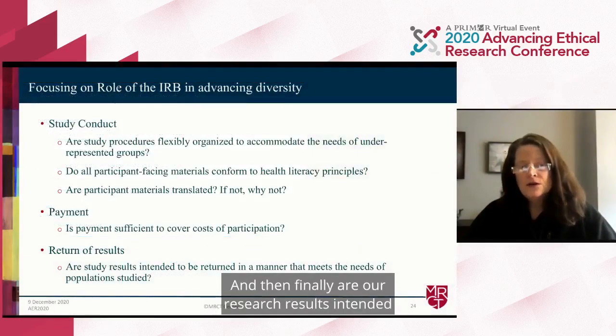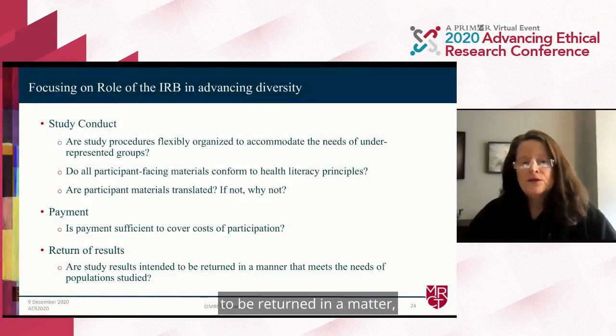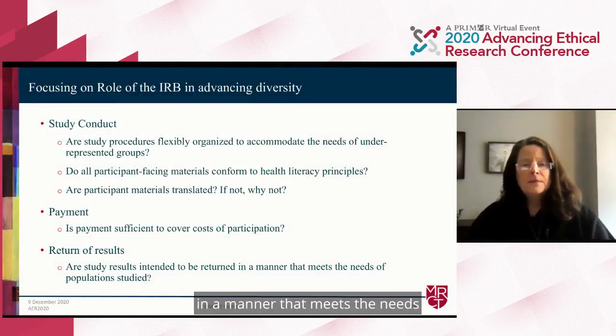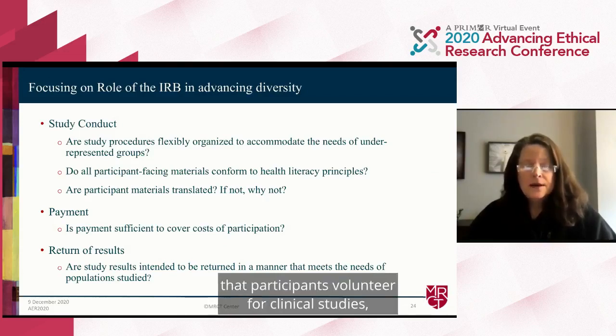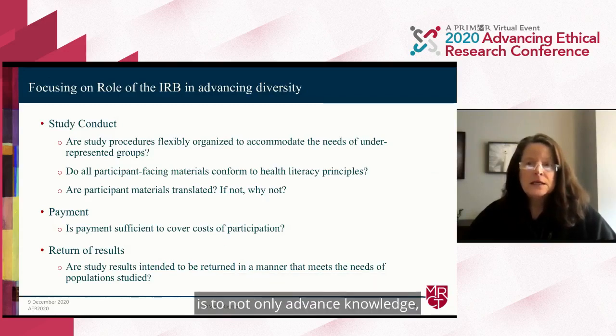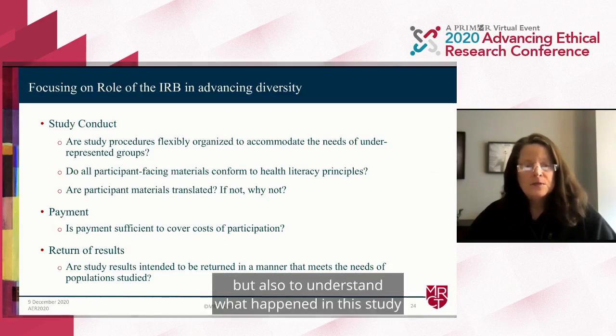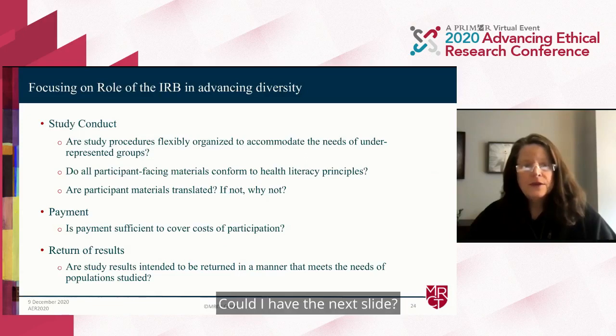And then finally, are research results intended to be returned in a manner that meets the needs of the population studied? After all, that is one of the major reasons that participants volunteer for clinical studies: to not only advance knowledge, but also to understand what happened in the study and what happened to them. Could I have the next slide?